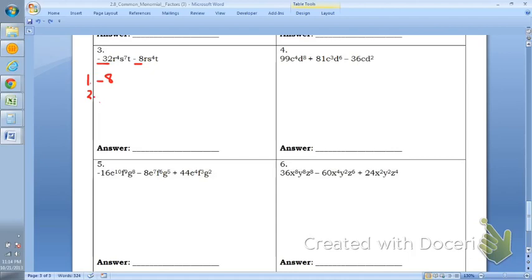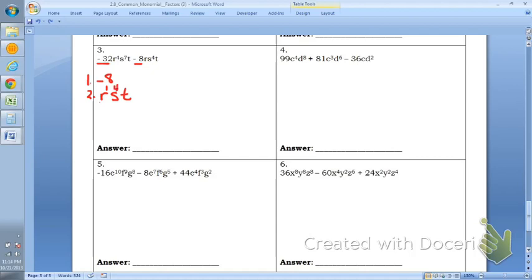Step 2, find your greatest common variables. Well, there is an R in both terms. There's an S in both terms, and there's a T in both terms. The smallest exponent on the R is 1. The smallest exponent on the S is 4.